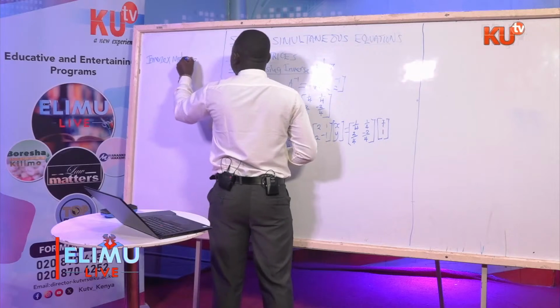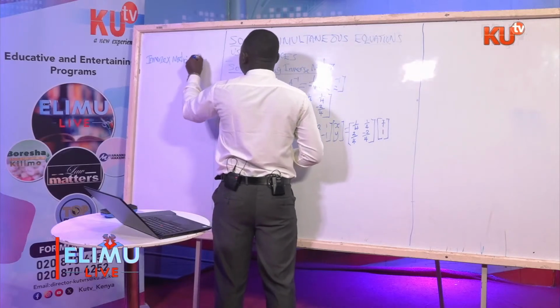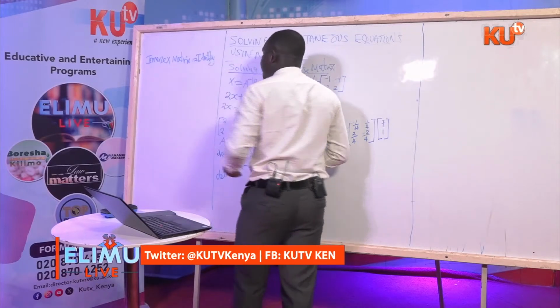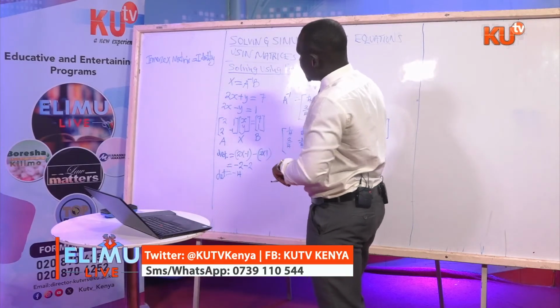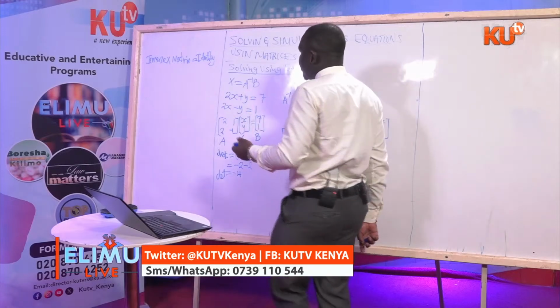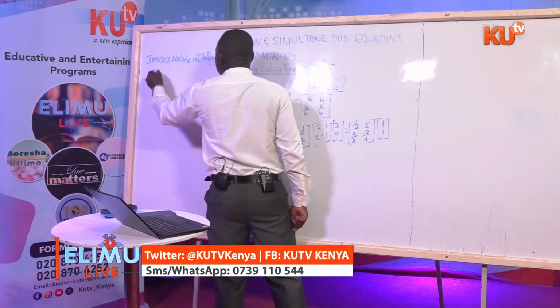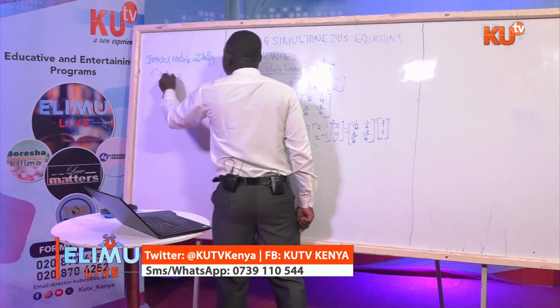It always gives you what is called an identity matrix. An identity matrix, don't forget that. Okay? So what do I mean? If I take the inverse of the matrix, which is A inverse, I multiply it by the matrix A, I'm going to get an identity matrix.